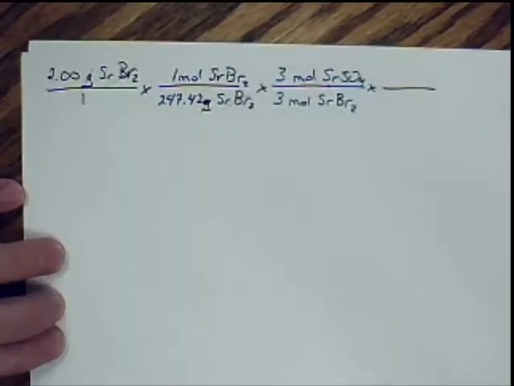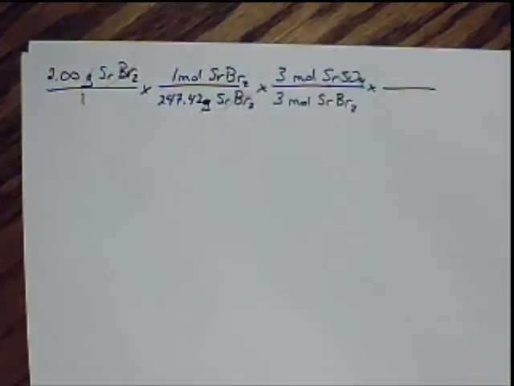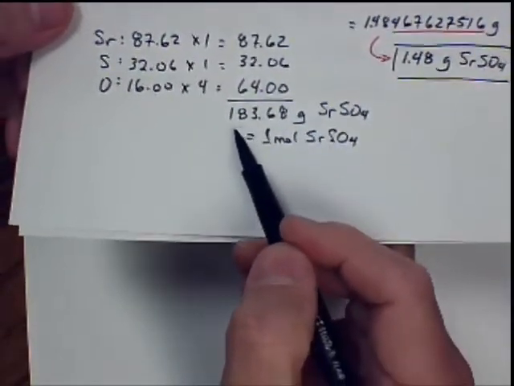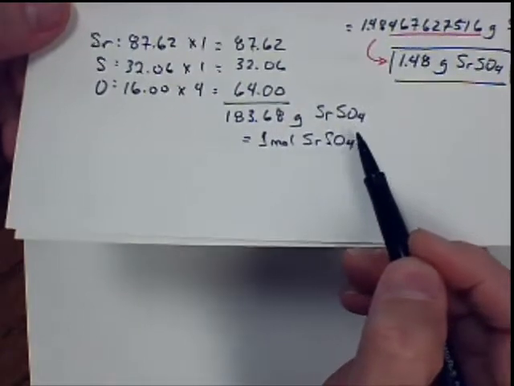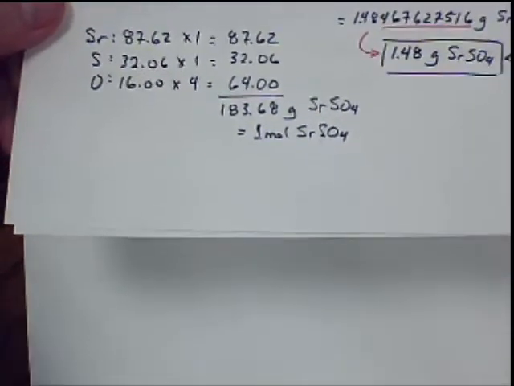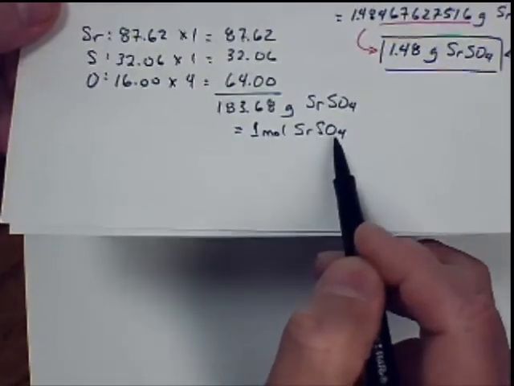And then we have to do a molar mass calculation and determine the molar mass of strontium sulfate. When we calculate the molar mass of strontium sulfate, we'll find there's 183.68 grams of strontium sulfate for every 1 mole of strontium sulfate.